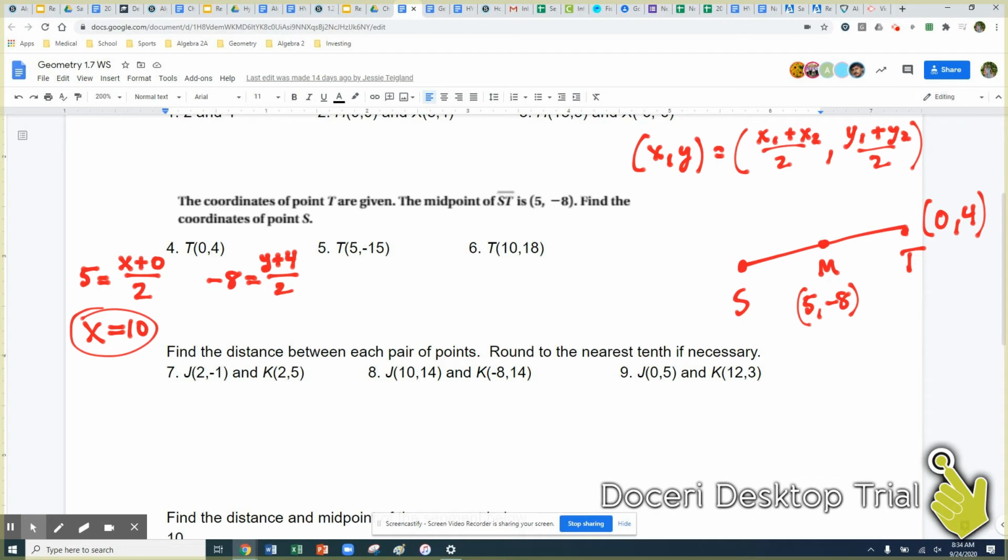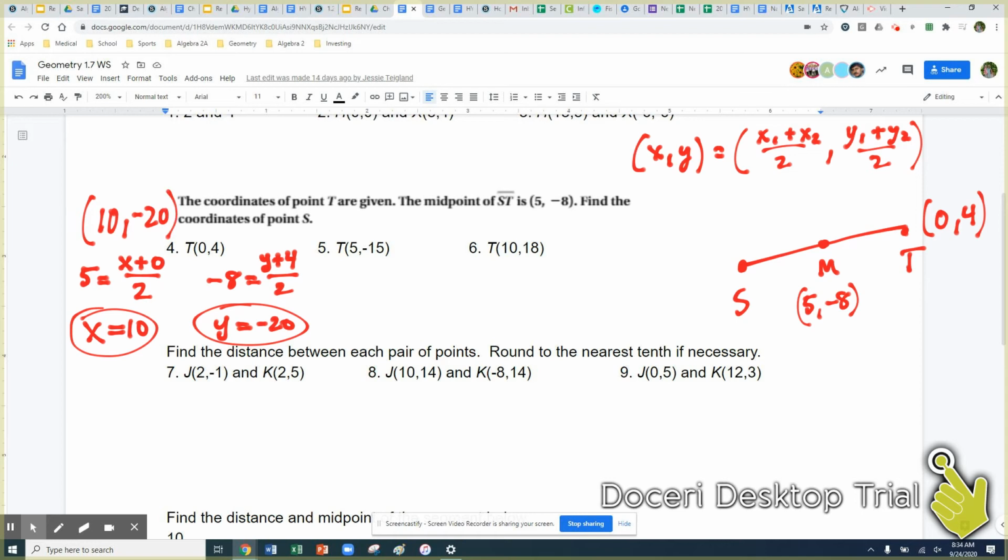And then what number plus 4 is going to be -16? -20. So if I'm at -20 and I add 4, now I'm back to -16. So there's my coordinates. And we should probably list them as an ordered pair. There they are, 10, -20.